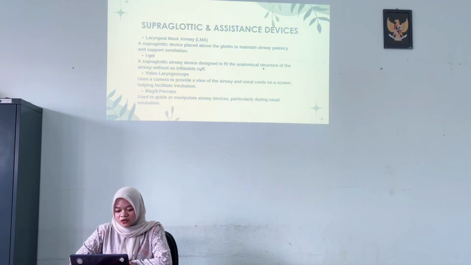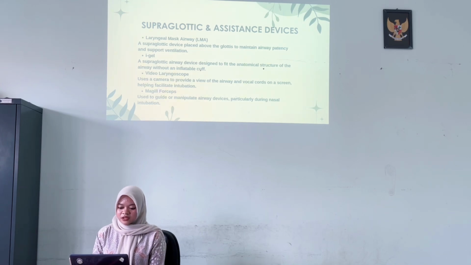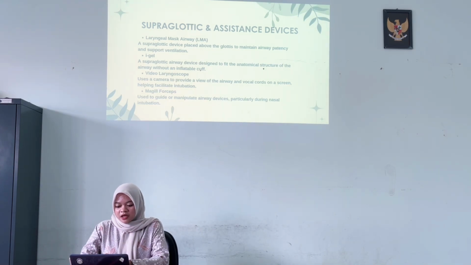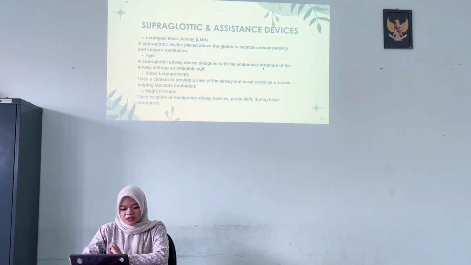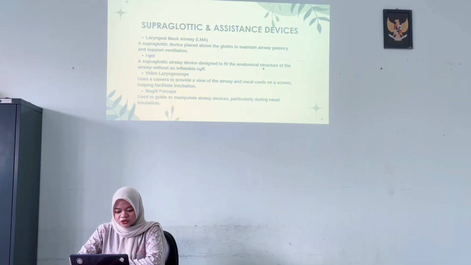The LMA is placed above the glottis to help keep the airway clear and support the patient's ventilation. Second is the i-gel, which is uniquely designed to fit the natural anatomic structure of the airway without needing an inflatable cuff.